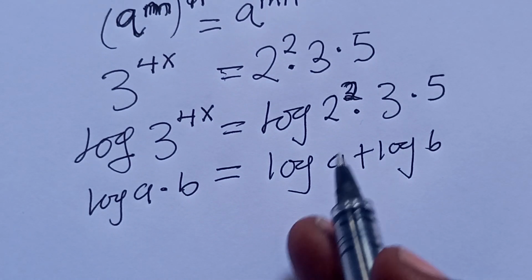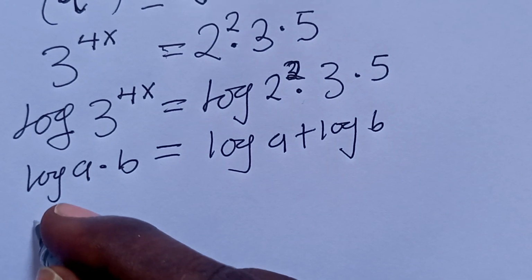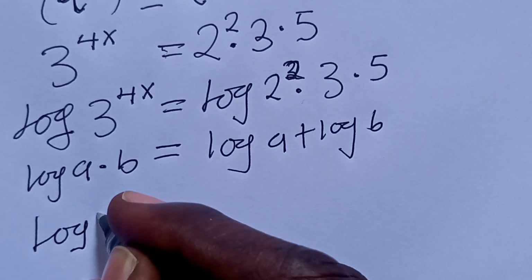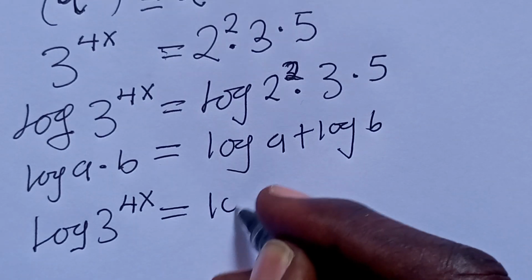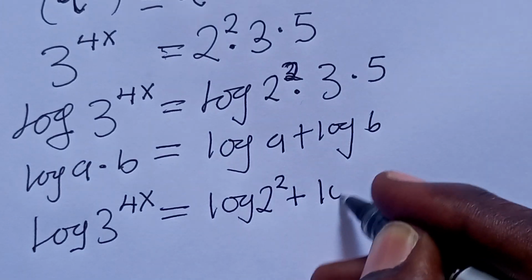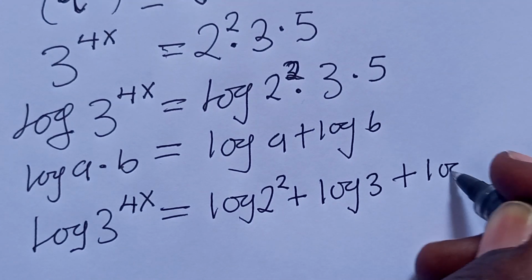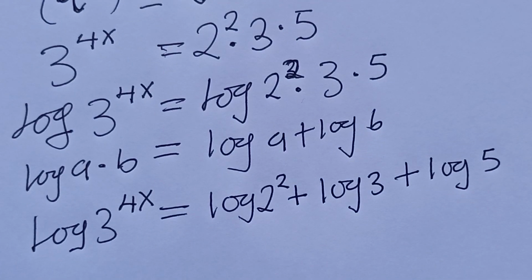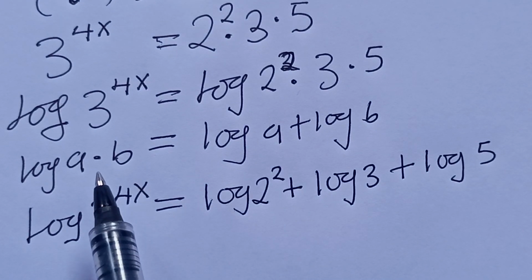So applying that here, we are going to have log 3 to the power of 4x equals log 2 to the power of 2 plus log 3 plus log 5. That's applying the multiplication law.